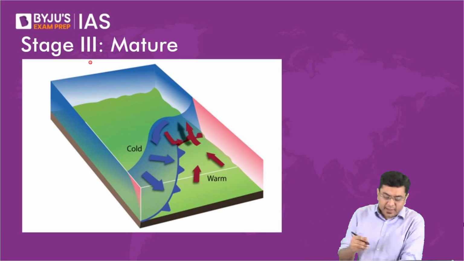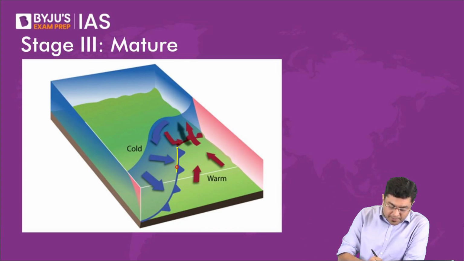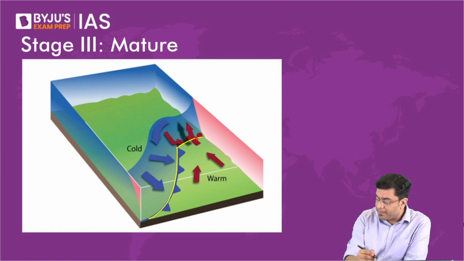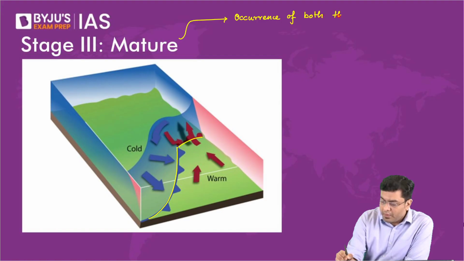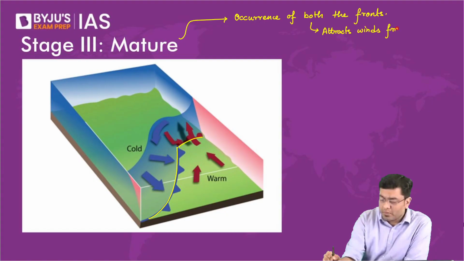So in this, you observe you have a cold front here, you have a warm front here. Okay. So occurrence of both the fronts, attracting winds from all directions.